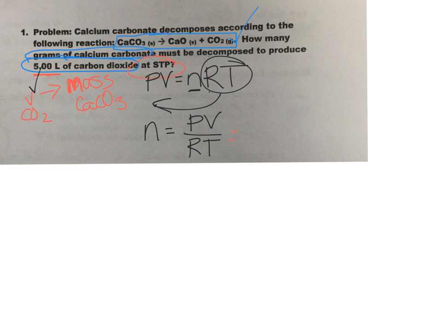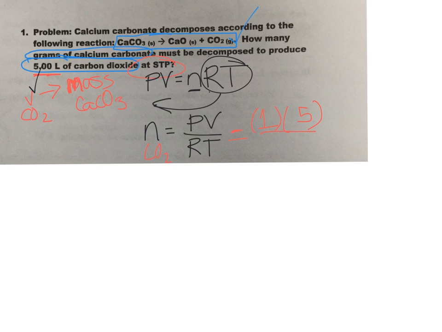So what is my pressure? It says STP. So what's my pressure, you guys? 1 ATM. What's my volume that I'm starting with? We're finding moles of carbon dioxide in case you didn't know that. What's my volume? 5 liters.